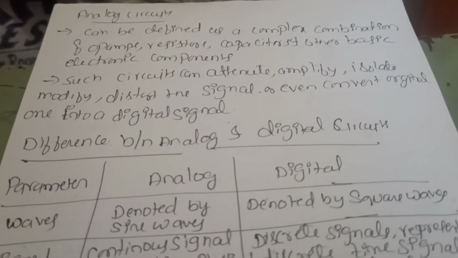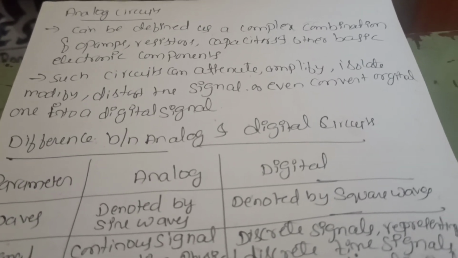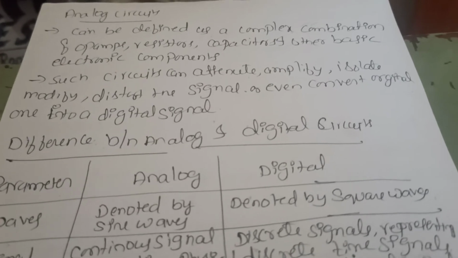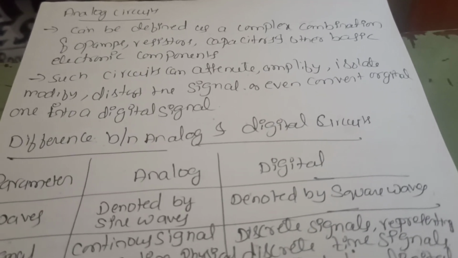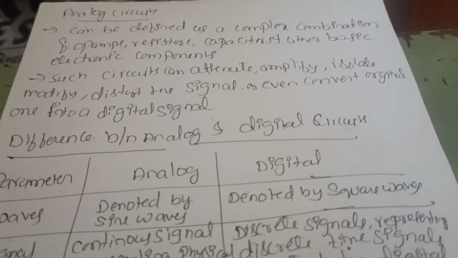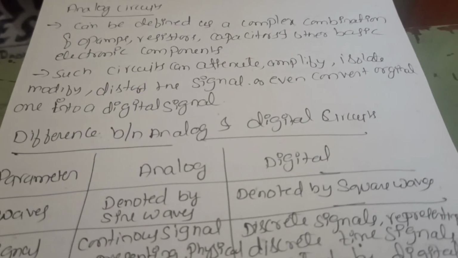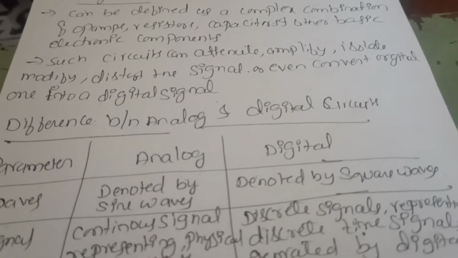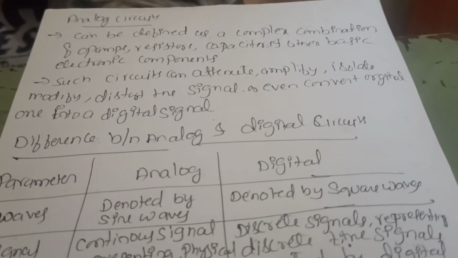The function of analog circuits is that they can attenuate, or they can amplify. Attenuate means to stop or limit the signal. Amplify means to enhance the signal. Analog circuits can also isolate or separate the signal, modify the signal, distort the signal, or even convert the signal from analog form into digital form.